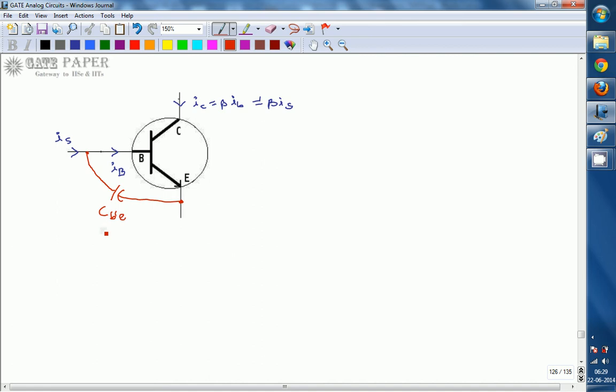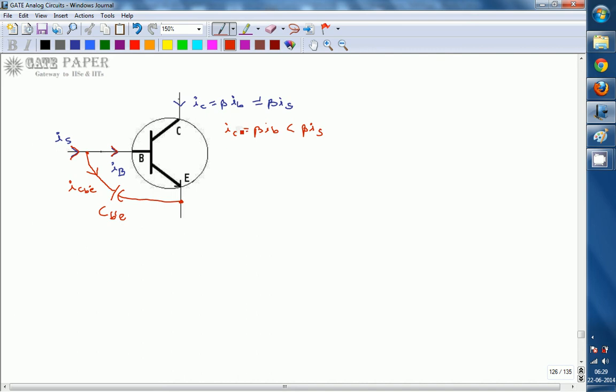Whenever the capacitor is present at high frequencies, the current IS is now divided into IB and ICBE, let us assume. By that time this IB is now lesser than IS. So now IC is equal to beta times IB, which is lesser than beta times IS.